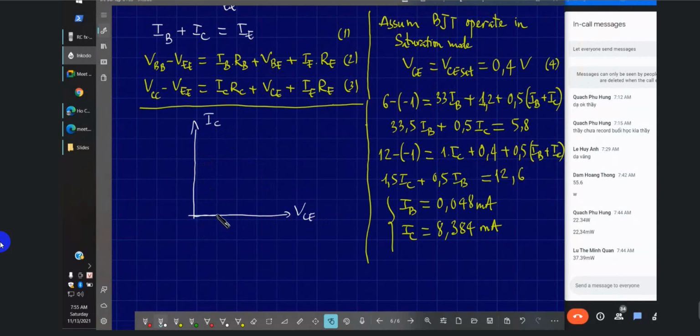So this is our operation, just the line like this. If we have the operation here, we infer from one point on the line to the IC column, and you get the values.